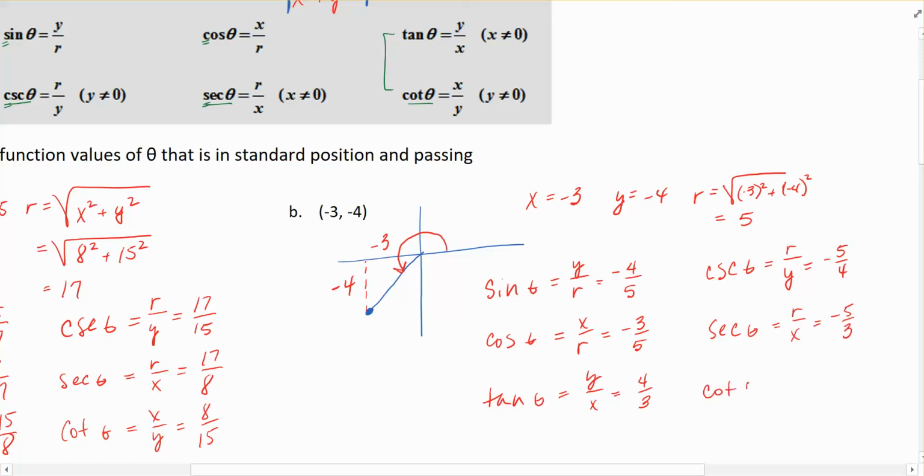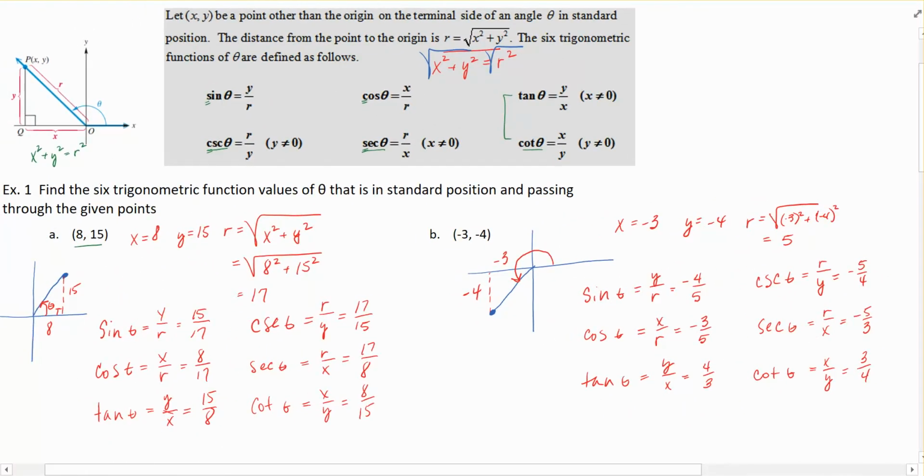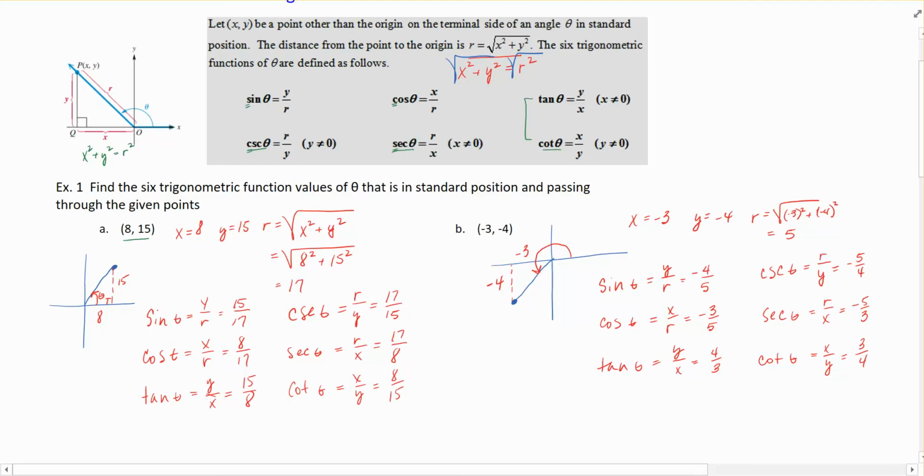And cotangent of theta is defined as x over y, or +3/4. So just taking what we've learned about the definitions of our 6 trig functions, we can figure out what those function values are based on the ordered pair of a point and the definitions of our function values.